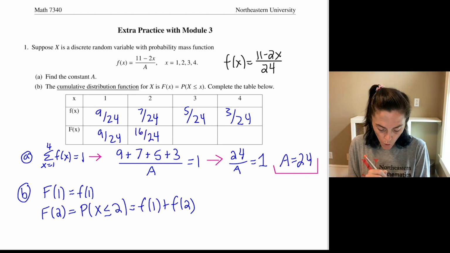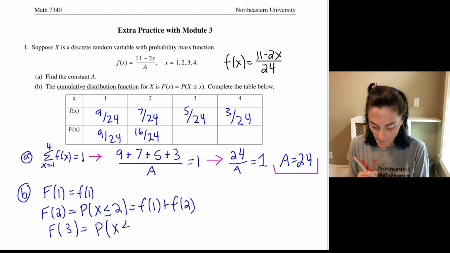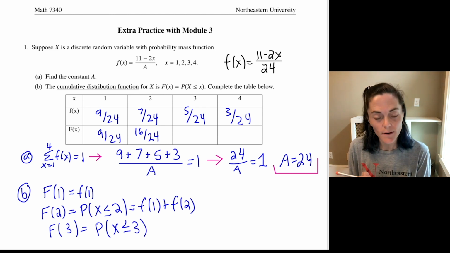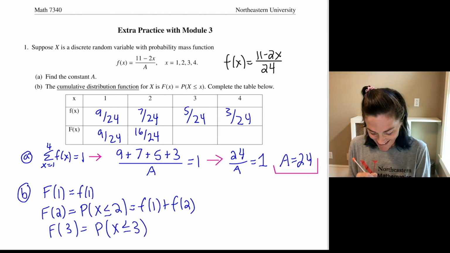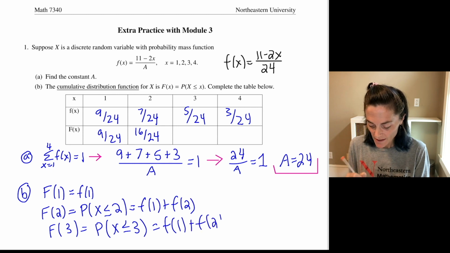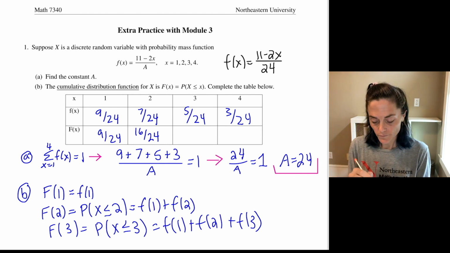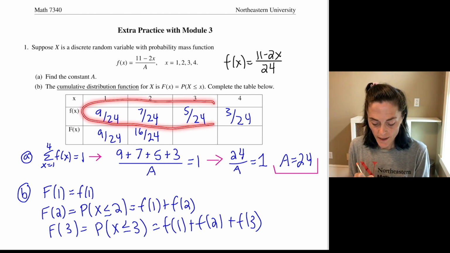Maybe I'll do the work to show one more. Capital F of 3, this would be the probability capital X is less than or equal to 3. Well, technically, we have f of 1 plus f of 2 plus f of 3. We add all 3 of these.